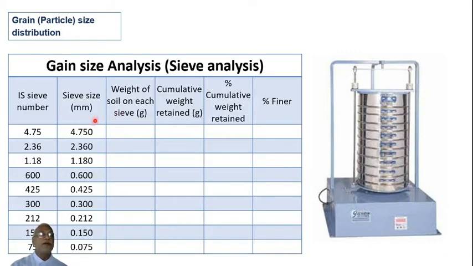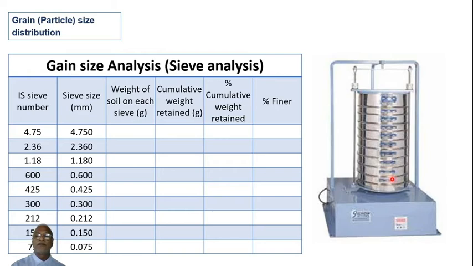Okay, what are the IS sieve sizes? These are IS sieve numbers. It starts with 4.75, 2.36, 1.18, then 600, 425, 300, 212, 150, and the last one is 75. So in sieve analysis, the last sieve is 75 microns.